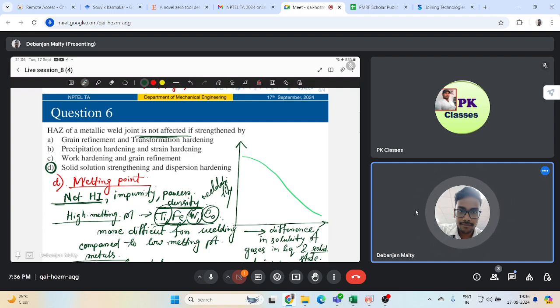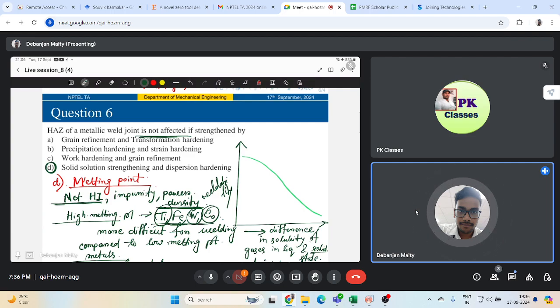Solid solution strengthening occurs when some alloying elements are dissolved in the base metal's crystal structure. If I want to dissolve any alloying element in some other base metal crystal structure, that will create some kind of distortion.